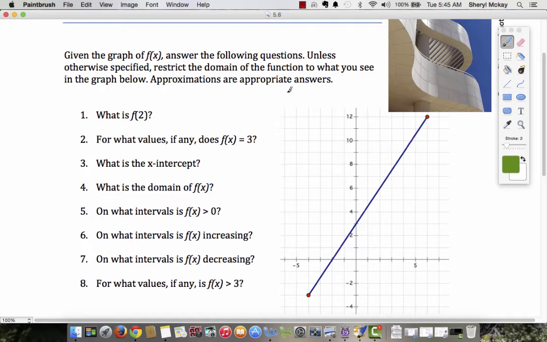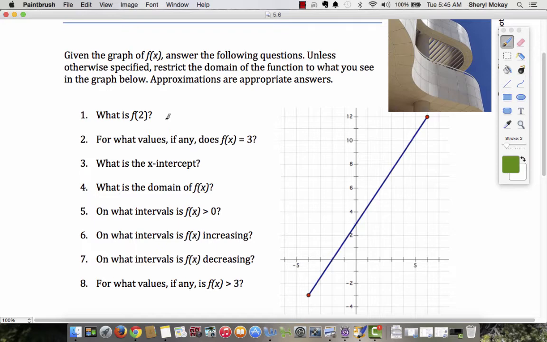So we're going to start, and it says, what is f of 2? Well, all that means is when x is 2, what is the outcome? So when we put 2 into the graph, and that means for x, because x is always our independent variable, and then our dependent variable is our y, it's the y-axis.